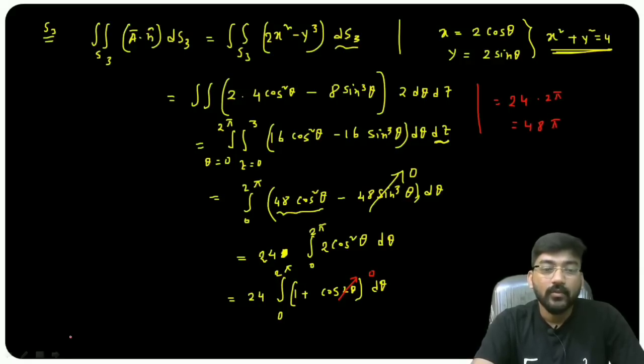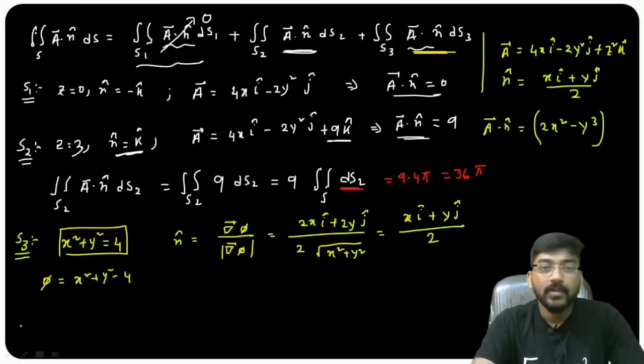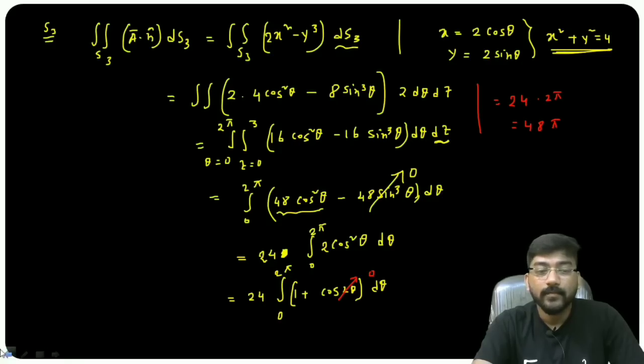So finally what we will get: this is 0, S2 is, I think, 36π, and for S3 this is 48π.